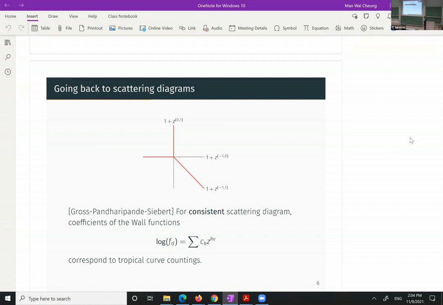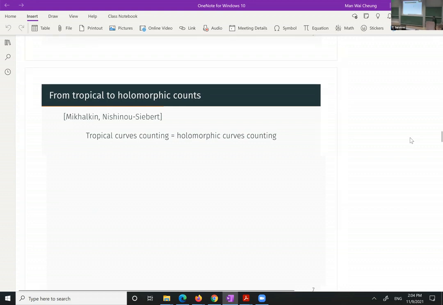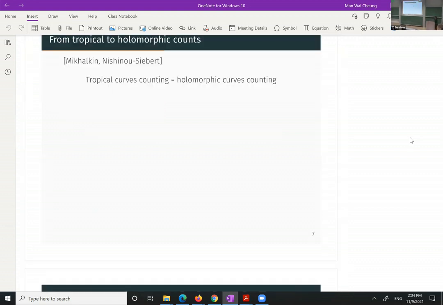So you can see how this scattering diagram picture incorporates Yu-Shen Lin's philosophy about building mirrors from Maslov index 0 holomorphic disks. This is how we can elaborate the picture from Bousseau's and Yu-Shen Lin's work: tropical curve counting equals holomorphic curve counting.